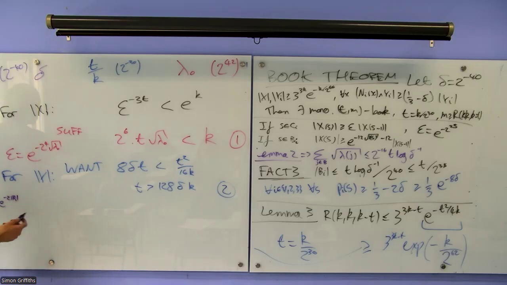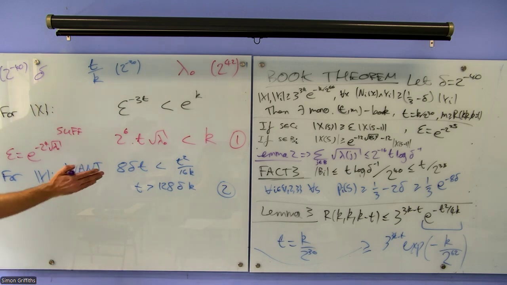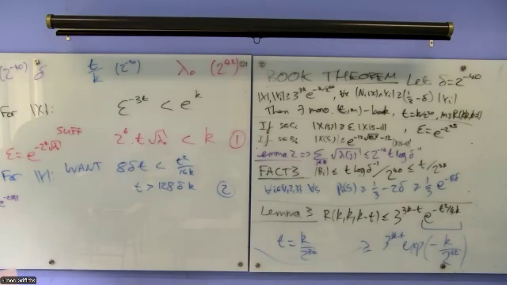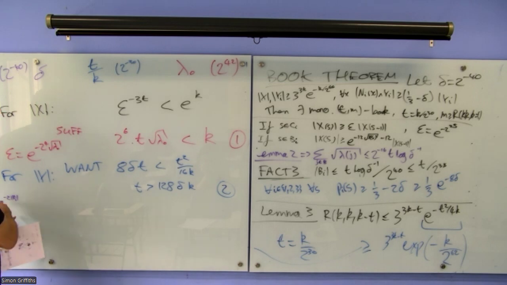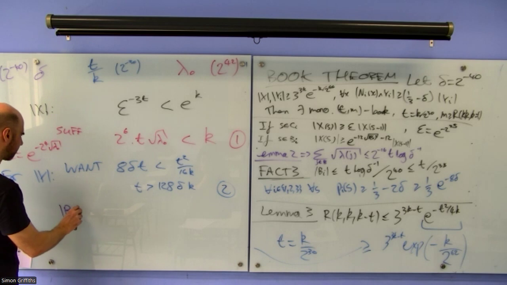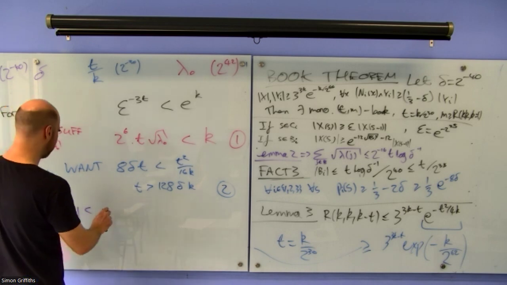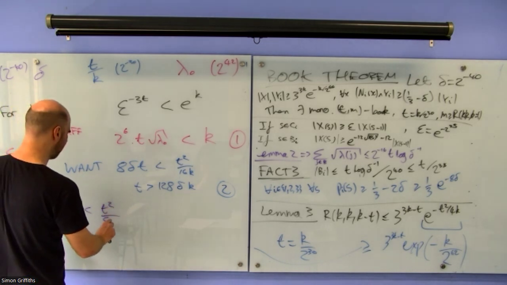And we also want twice the number of boosts to be less than t squared over 4k. So, you don't need to lose quite as much as that. So we'll just say we want the number of boosts to be less than t squared over 8k.